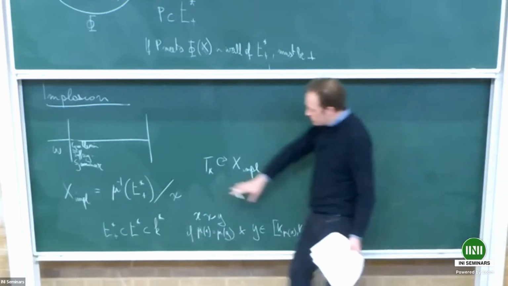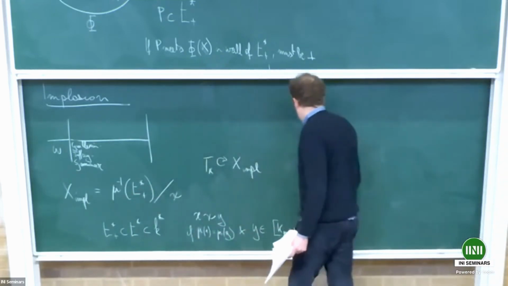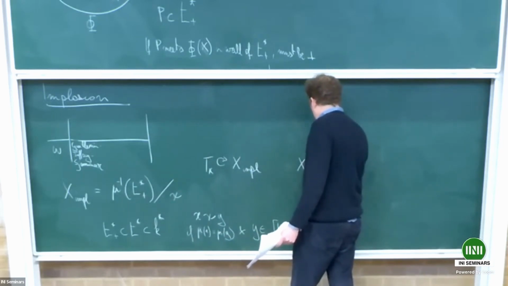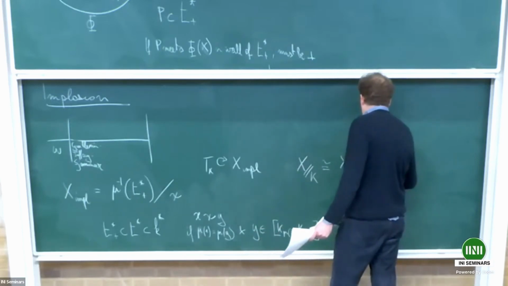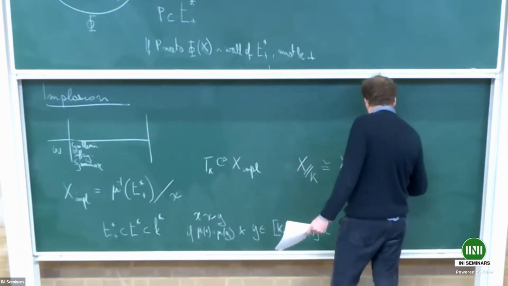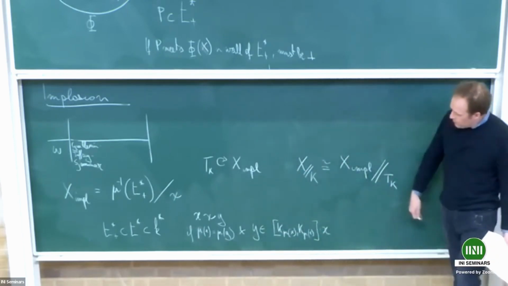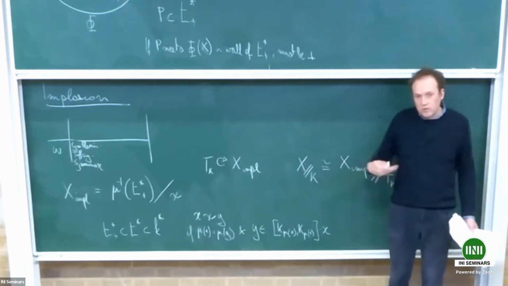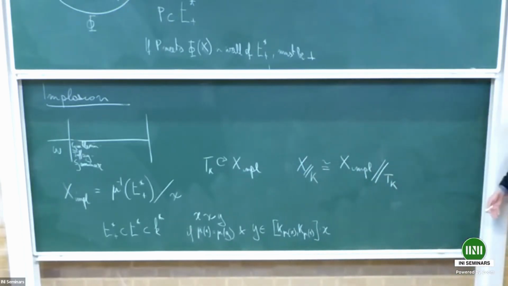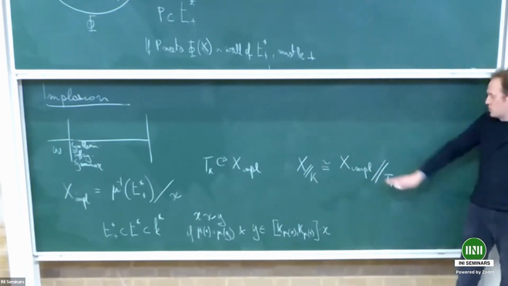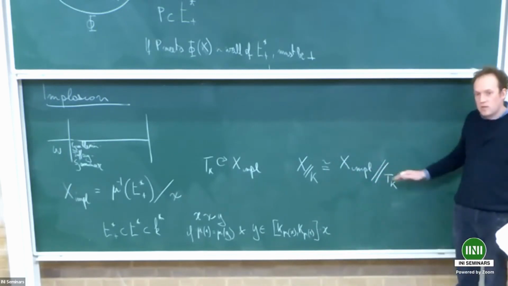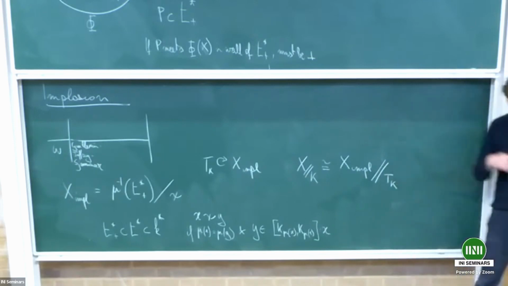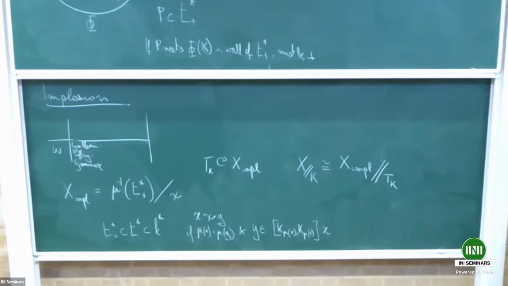So this space already goes down in dimension from my original one, but when I take my original reduction by K, that is the same as taking the implosion and then reducing it by T. So if you're interested in some space where you need to reduce by a non-abelian action, this allows you to sidestep, switch to another space, which typically has to be stratified, but at that point you can afford the luxury to just reduce by an abelian group, and that can be useful.